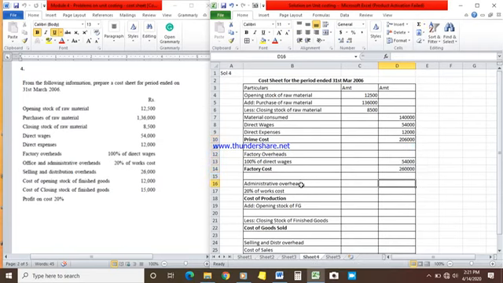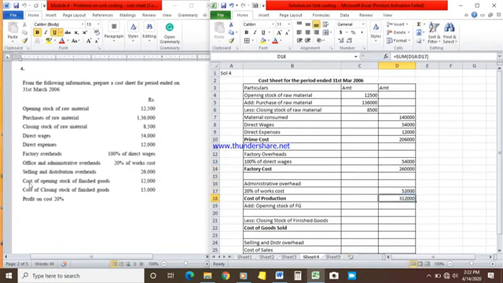Now the next is the administrative overhead, given as 20% of works cost. So 20% of works cost we need to compute, that is 0.20 multiplied by works cost. Either you can call it works cost or factory cost, both are the same. By adding the factory cost and the administrative overhead, we get the cost of production.